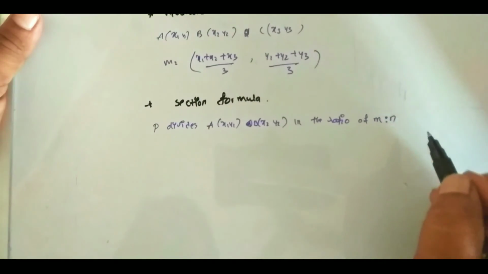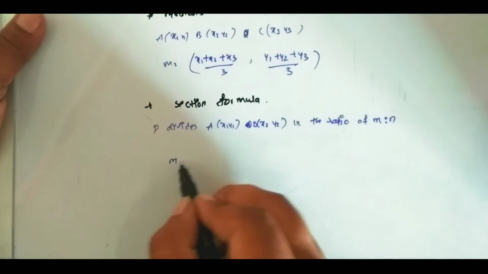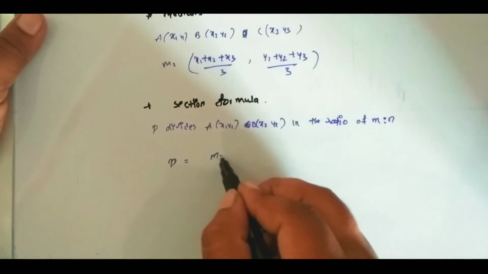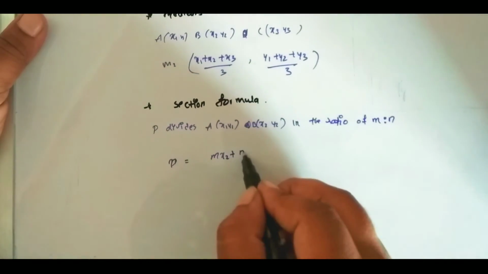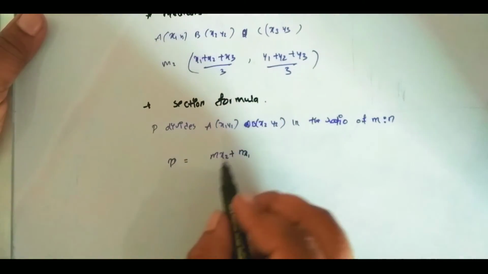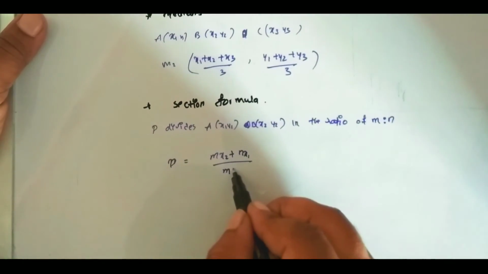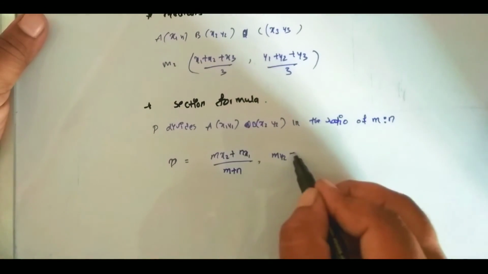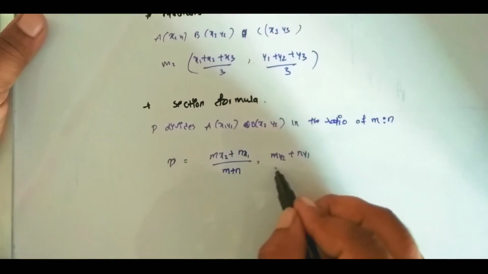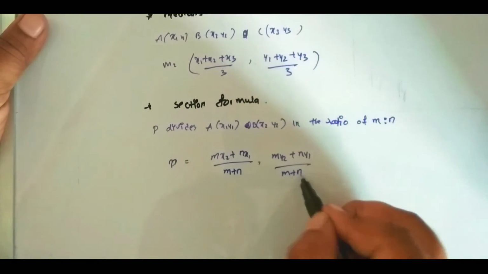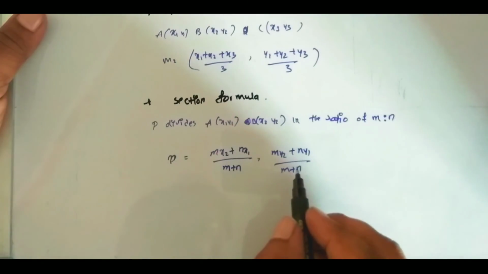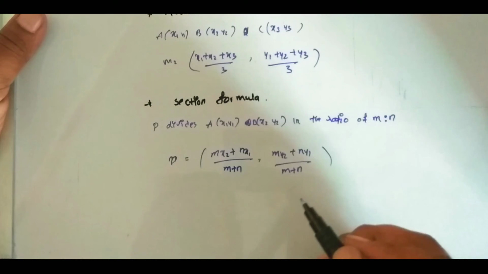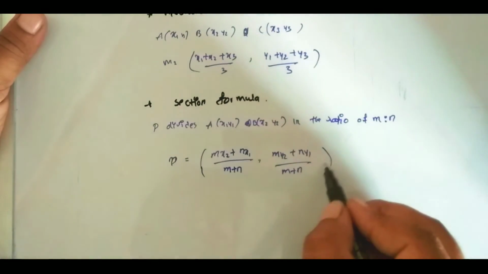So we get P is equal to mx2 plus nx1 by m plus n, my2 plus ny1 by m plus n. So this is the section formula.